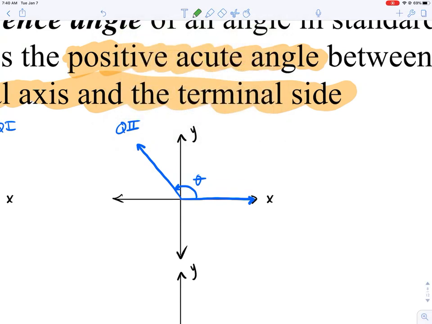The reference angle is going to be the angle that's created with the horizontal axis and the terminating side of the angle. So that would be this angle right here. And it has to be a positive angle, so you're thinking about it rotating in the counterclockwise direction. This would be theta ref, which is a positive acute angle between the horizontal and the terminating side.